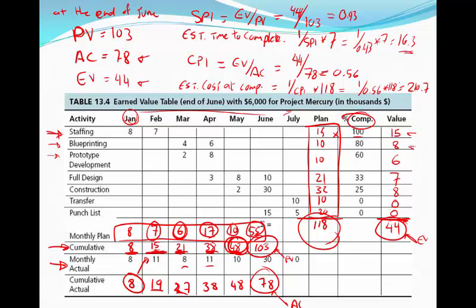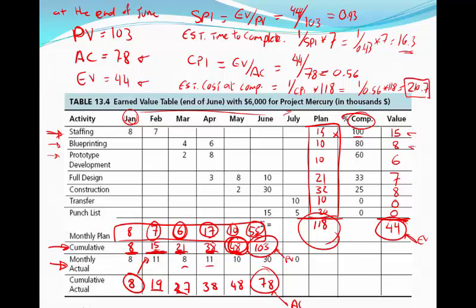So the $210,000, what this is telling us is if we continue to spend at the current rate we're spending on this project, by the time we complete it, we would have spent $210,000. And that would mean that we're definitely over budget. And similarly for schedule, we're behind schedule.